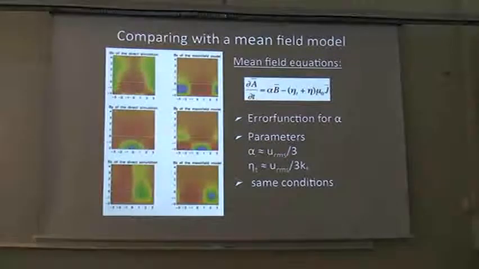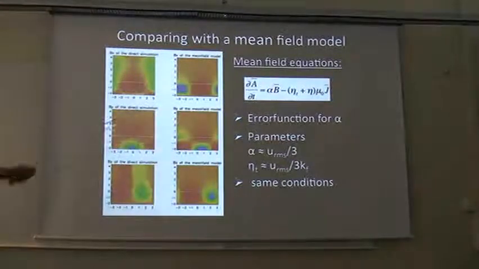I think you're asking how much the URMS actually drops, and I think it drops quite a bit, so it is not bad to assume that alpha really goes to 0. But if you do it technically as described, with URMS taken from the direct simulation, then alpha is not 0 in the upper layer. But it's very small. Right.